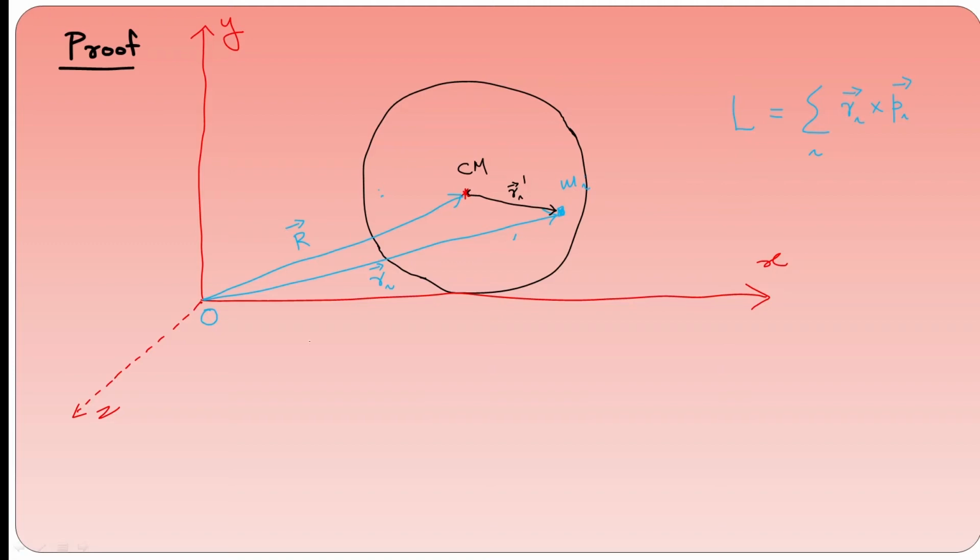Now from the triangle of Ri and Ri prime, you can see that Ri equal to R plus Ri prime.